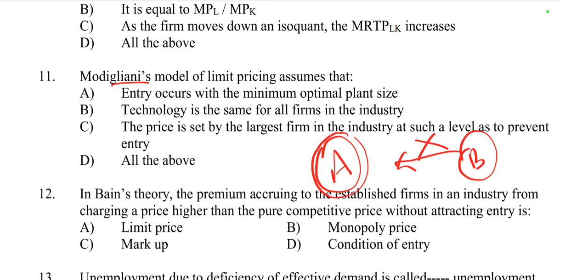So A sets the price such that new competitors do not compete with the existing firm. To prevent new competitors from entering the market, Modigliani's limit pricing theory explains this.